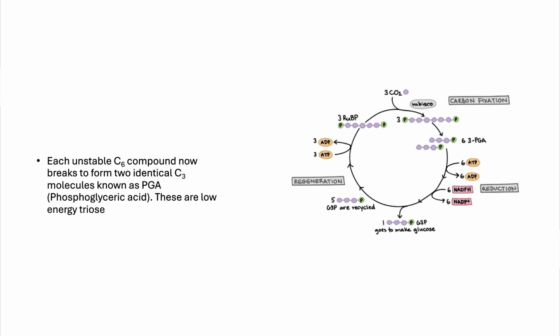A triose is any compound that has 3 carbons in it. So this is energy low. We want it to be high in energy because we need energy to do things. Any organism needs energy not to produce, but to undergo functions and do work.